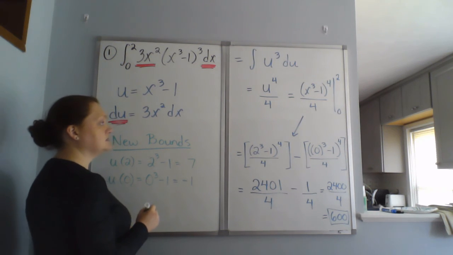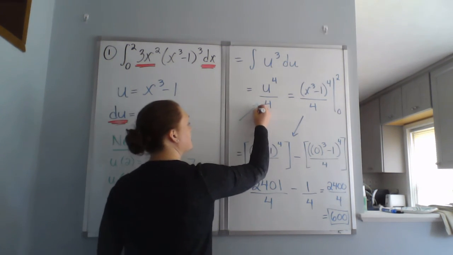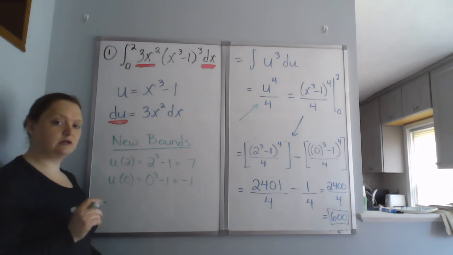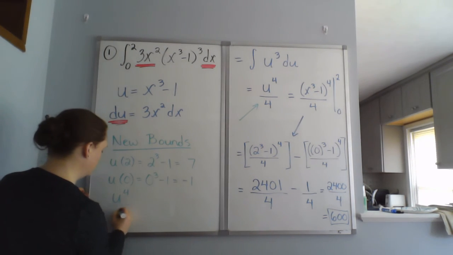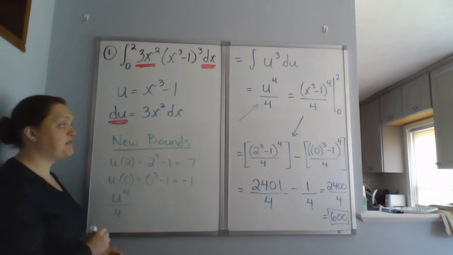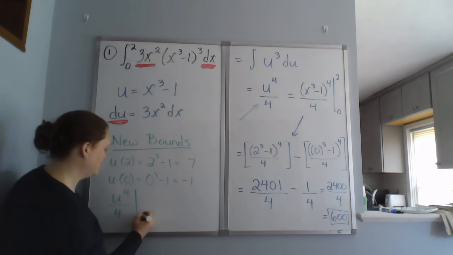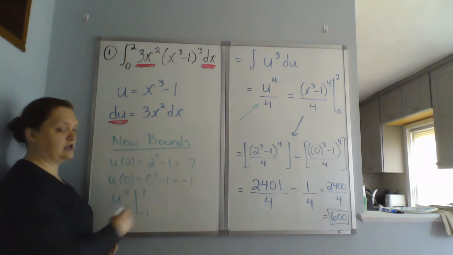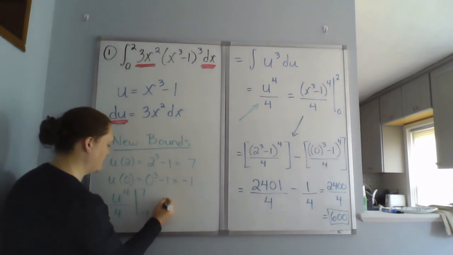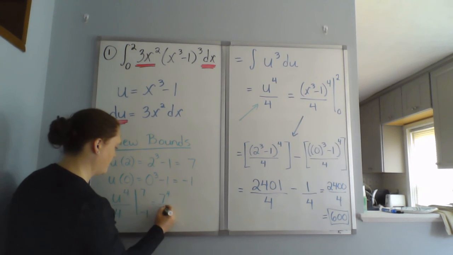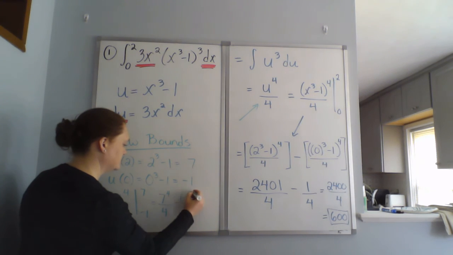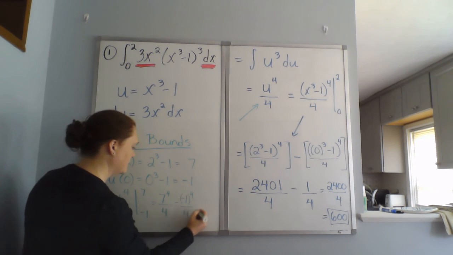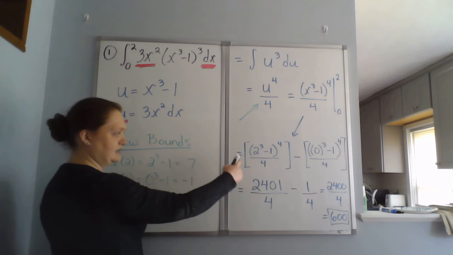What that means is that back here, I could have approached it a little bit differently. When I had u to the fourth over 4, instead of going back to the x's, I could have evaluated that from negative 1 to 7, and I would eventually end up with the same thing, because I would get 7 to the fourth over 4 minus negative 1 to the fourth over 4, which is exactly what I ended up with right there.